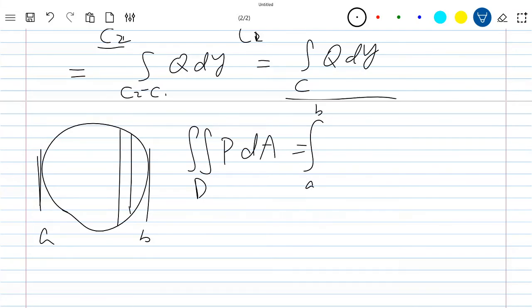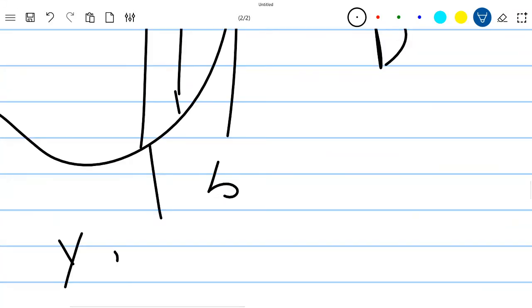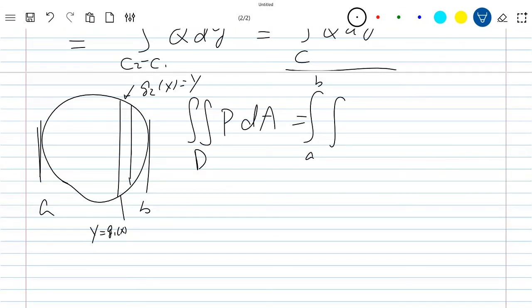Let's say this is g2(x), and this is g1(x), and then you can plug in here, this should be Py dy dx.